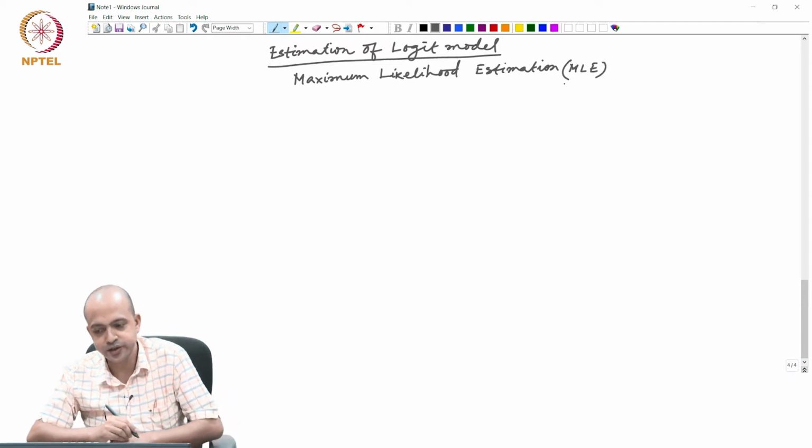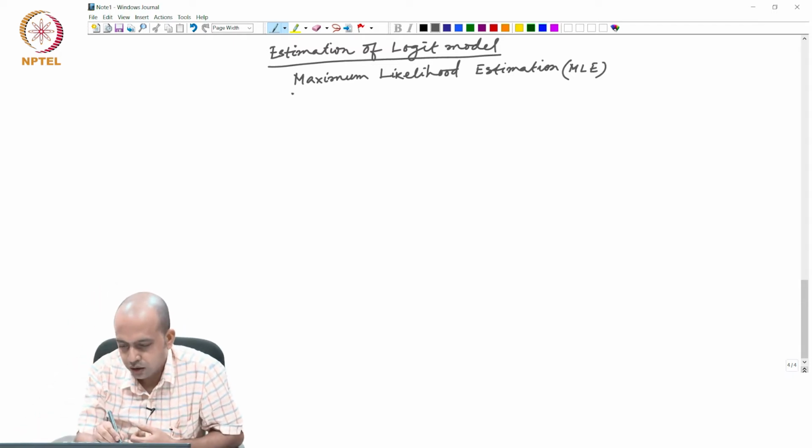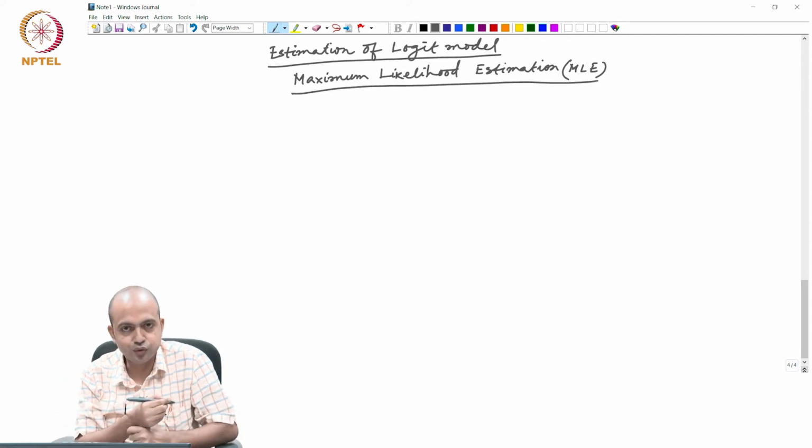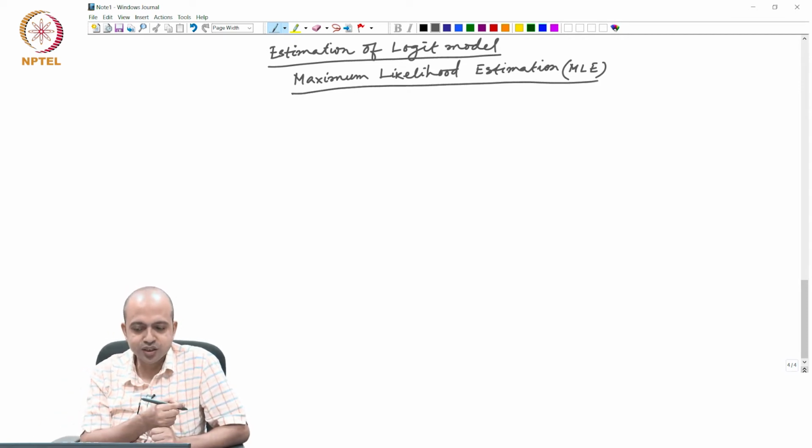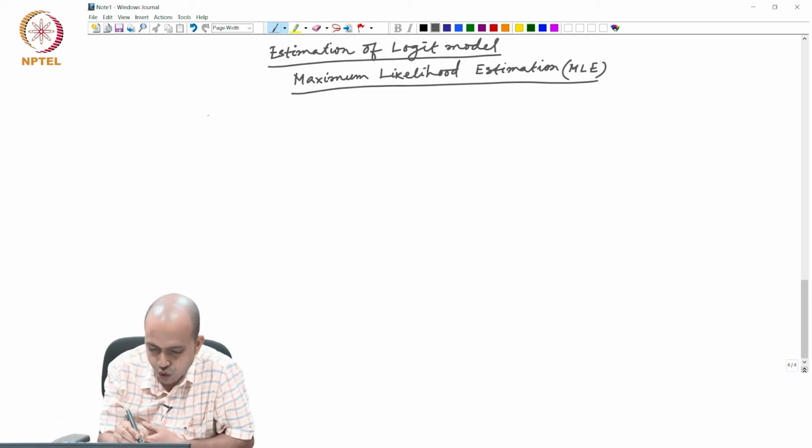That is what we are going to use. But before we talk about maximum likelihood estimation, we need to know what a likelihood function is.